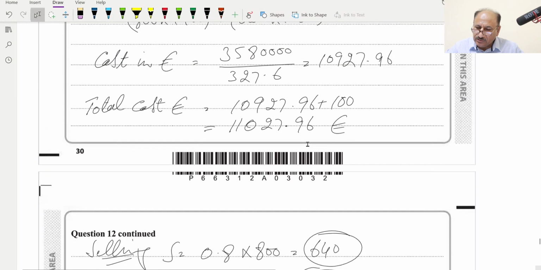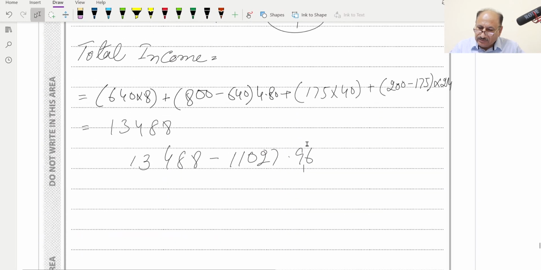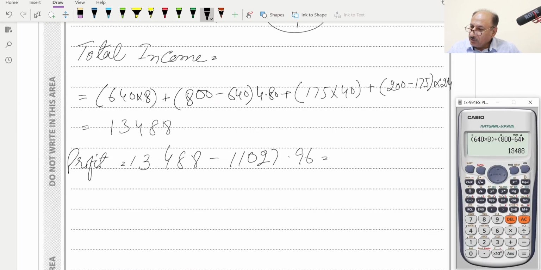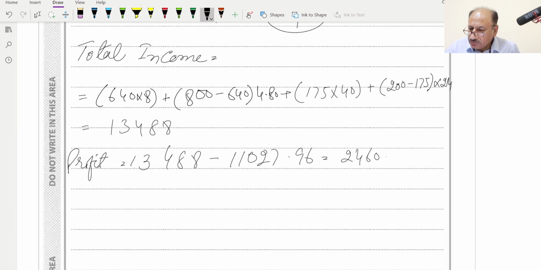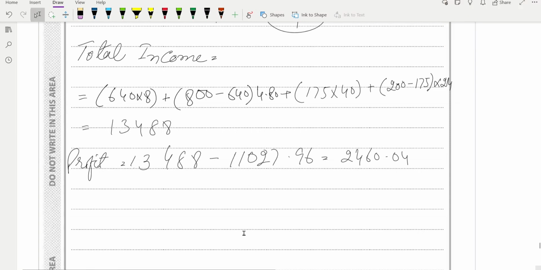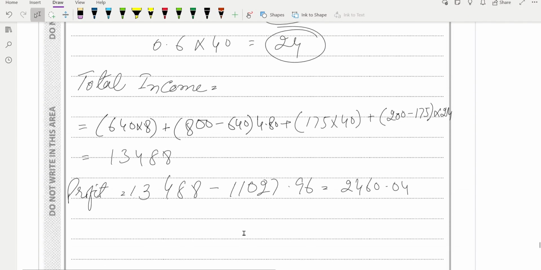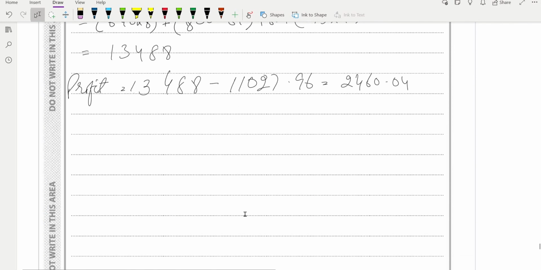This is the profit, so this will be this one minus 11027.96, which is equal to 2460.04. So this one will be the answer.